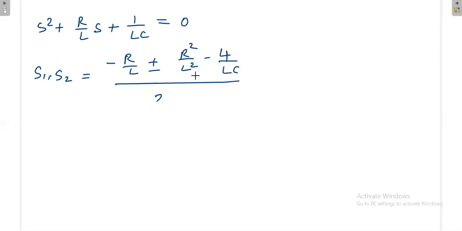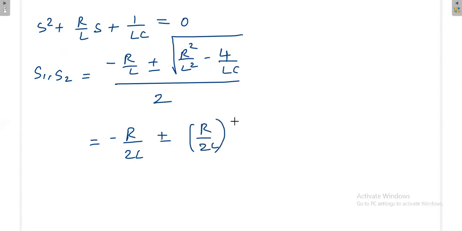Now this 2 I'll try to take upward. Then this is minus R by 2L plus or minus square root of (R by 2L) whole square. These 2 and this 4 will cancel. Again, this also I can write as square root of 1 by LC whole square.